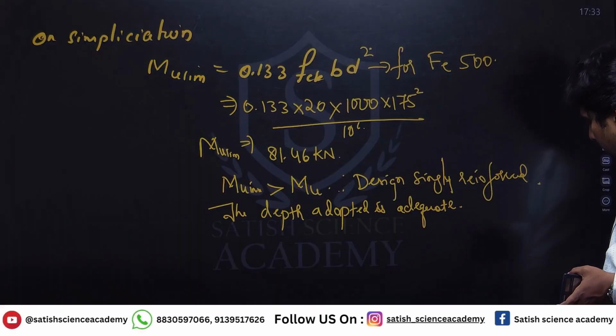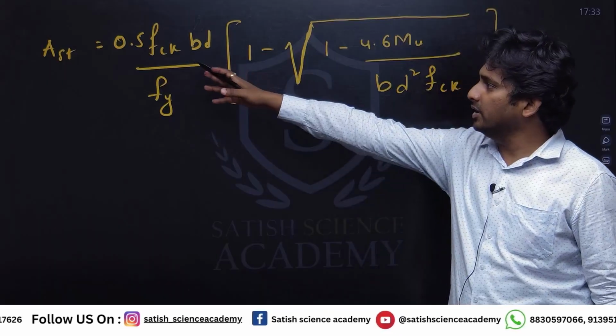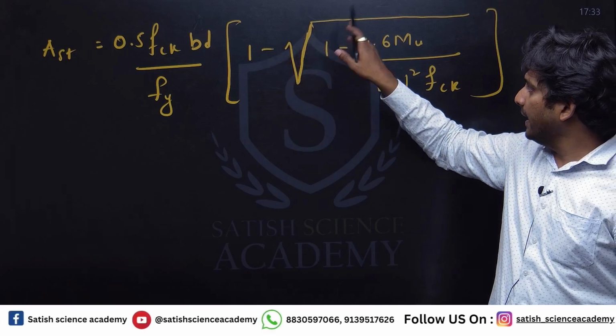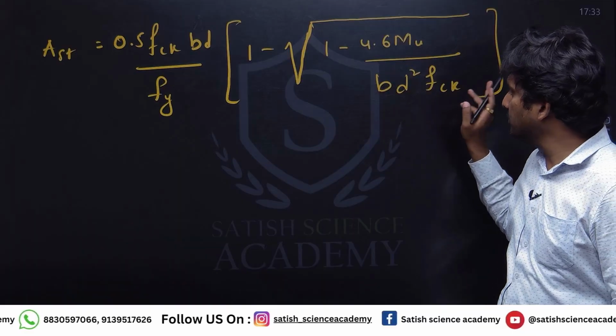So now next will be calculation of Ast. The formula for Ast calculation is Ast equal to 0.5 fck bd divided by fy into 1 minus square root of 1 minus 4.6 Mu divided by bd square fck.